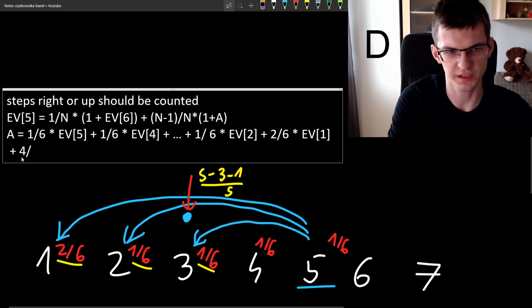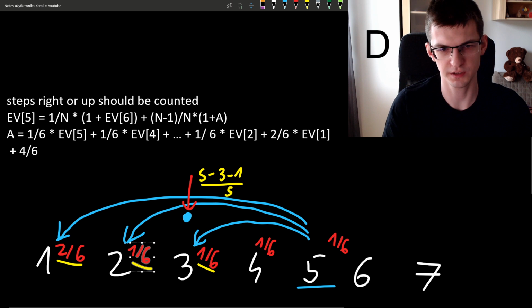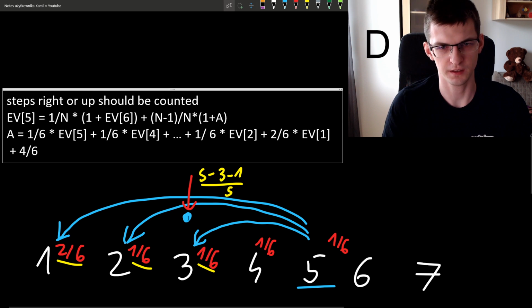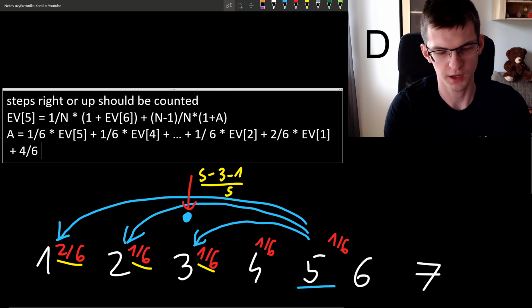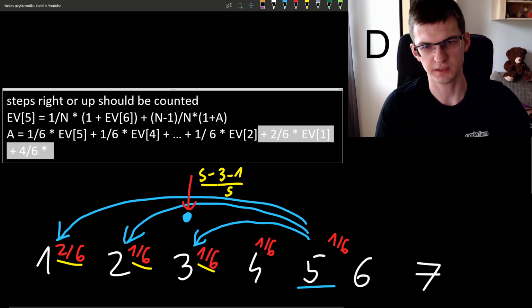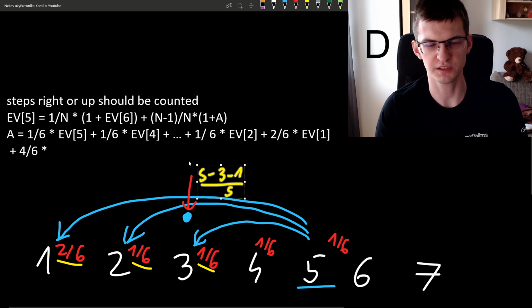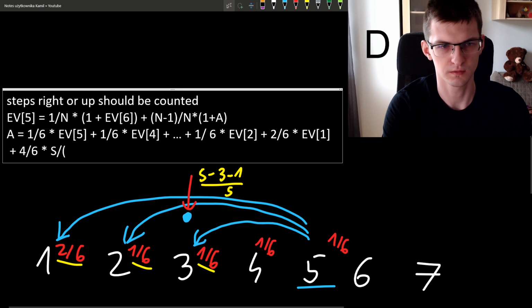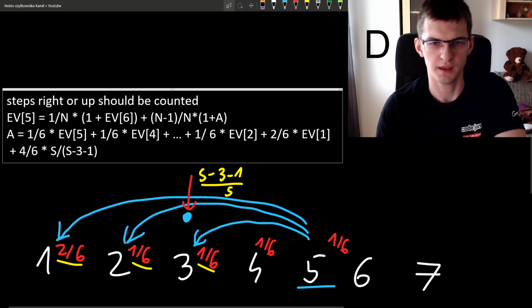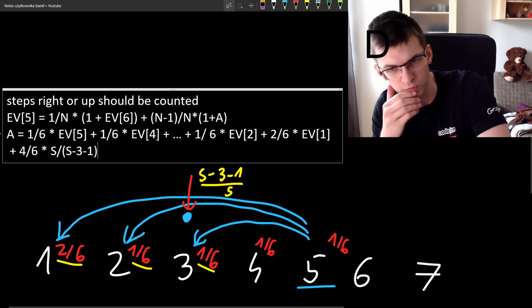For 3 it's 4/6, the sum of red probabilities underlined. In each of those, if I get to those, I am on this state ever, times expected time wasted here, because this is probability of wasting time. The reverse of that is the expected time I will waste here.